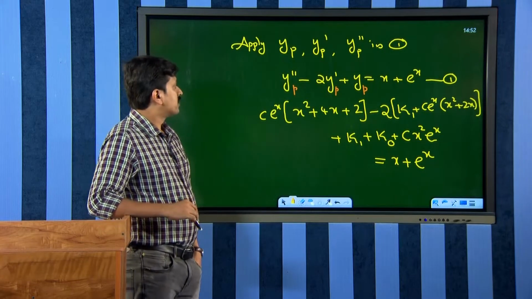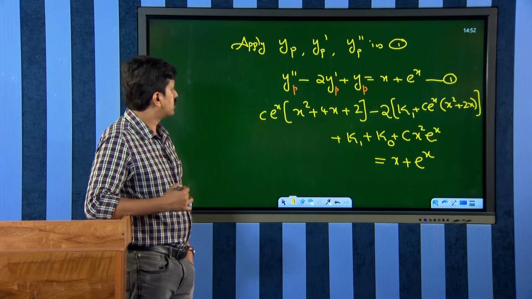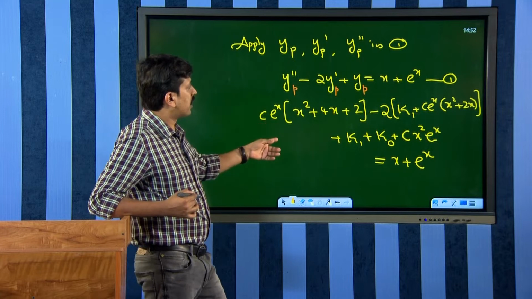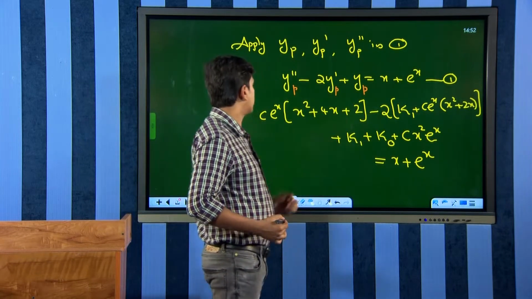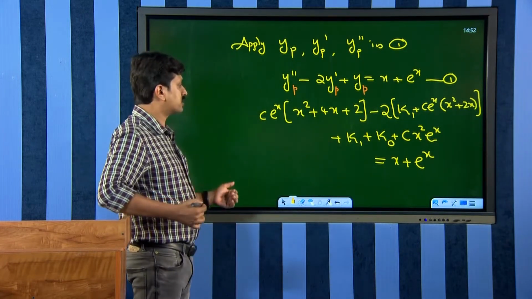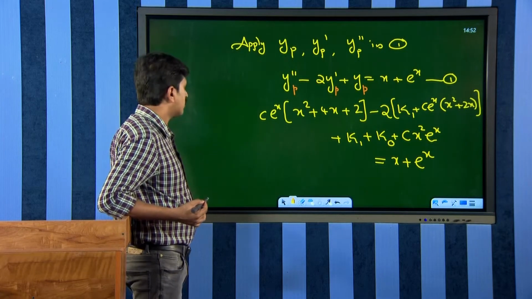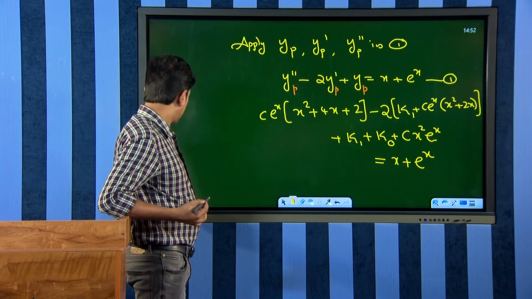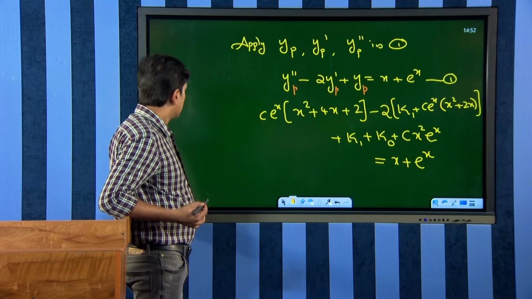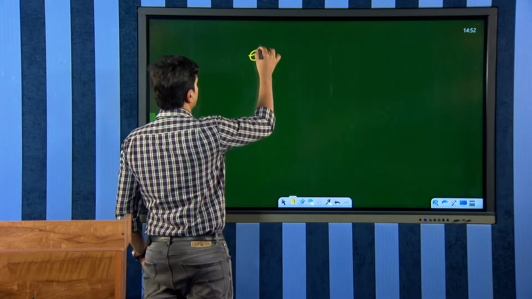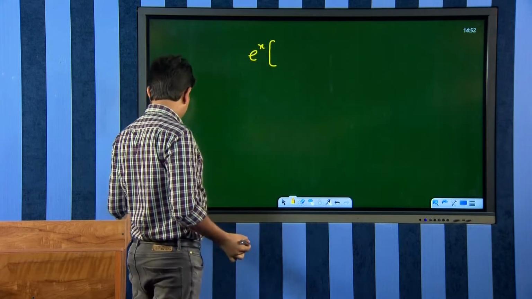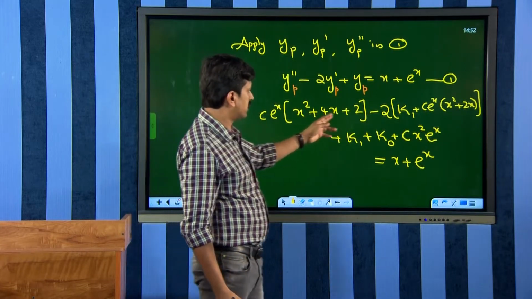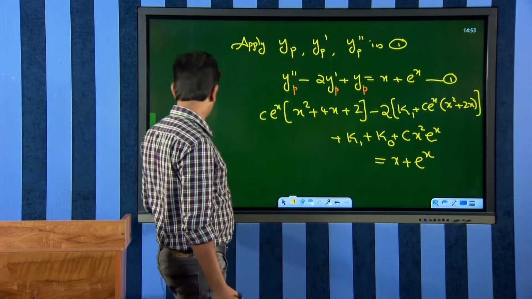Okay, fine. So we have this is equal to, again we have c e raised to x here, and here also an e raised to x. We can take the functions with e raised to x. Therefore we will have c e raised to x into, we can take c e raised to x outside, no problem, c is there everywhere.